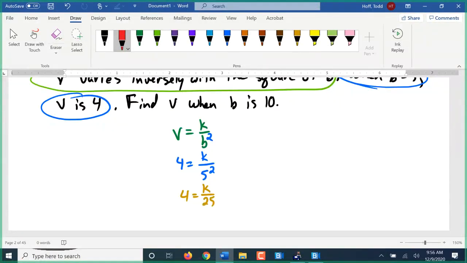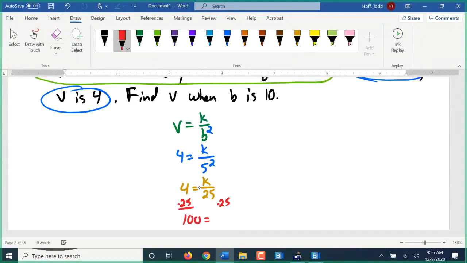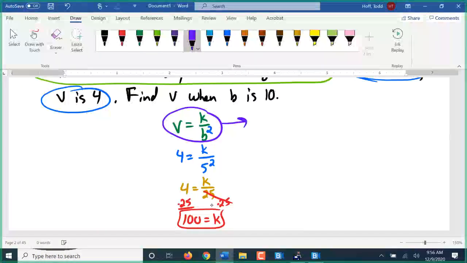Now we can solve for K. We're going to multiply by 25. 4 times 25 is 100. On the right side, the 25's cancel out. We have K. K equals 100. So we can clarify this relationship with that value of the constant. V does not just equal K over B squared. V equals 100 over B squared.